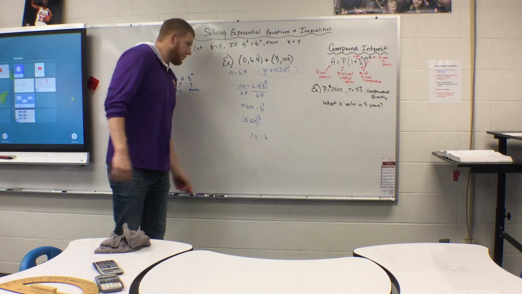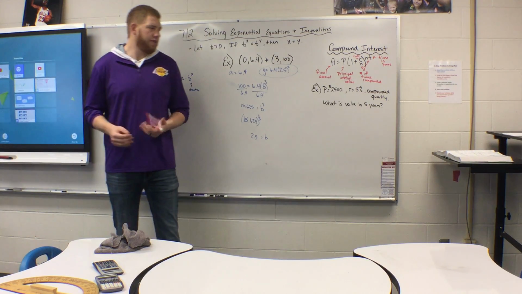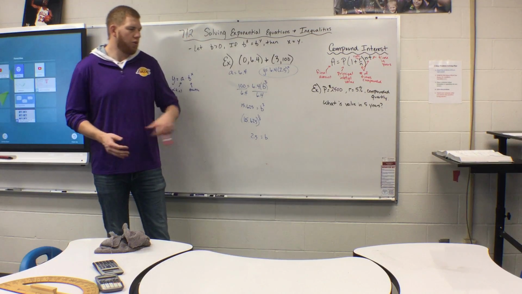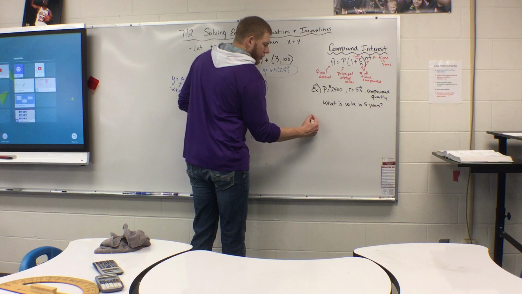So this problem says our initial investment is $2,500. Our rate is 5% compounded quarterly. What is the value going to be in 5 years? So again, all we need to do here is plug and chug.